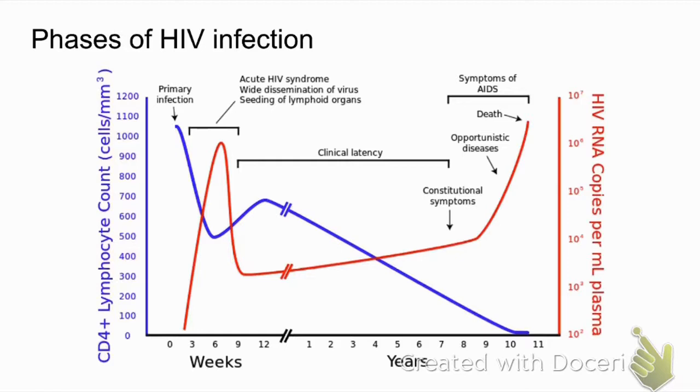Now, in individuals that are treated with antiretroviral drugs, we might find that the amount of viral genomes that are detected in an individual are at below detectable levels for many, many years, on the order of 20 to 30 years in some cases.